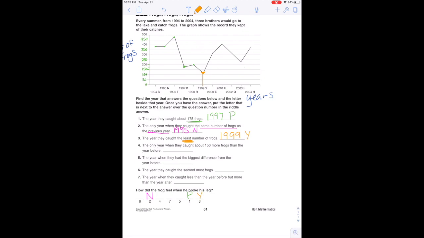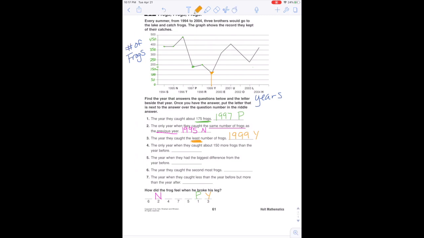All right, so you are going to try the remainder of them on your own. The nice thing about this puzzle is that with the riddle down here, you'll know if you got it right if it makes sense. It says, how did the frog feel when he broke his leg?